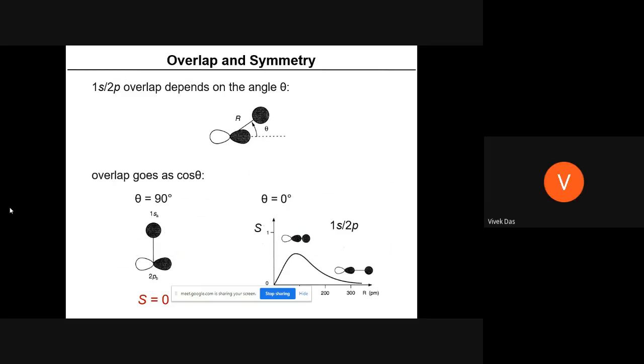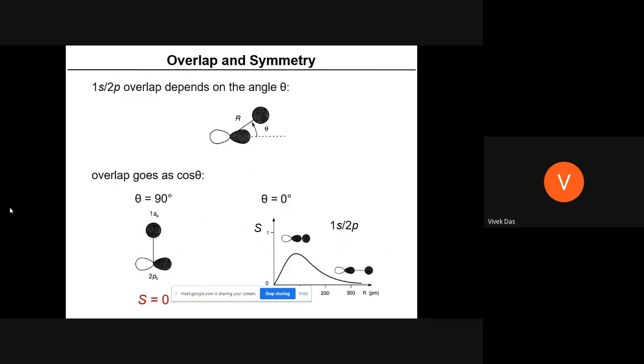Here it is showing how bonding as well as the distance impacts the overlap. I don't have a pointer, but when theta, the angle, is 90 degrees, you can see how the 1s and 2p orbitals interact. Even if you want to make them overlap, it would be very minor, near zero.